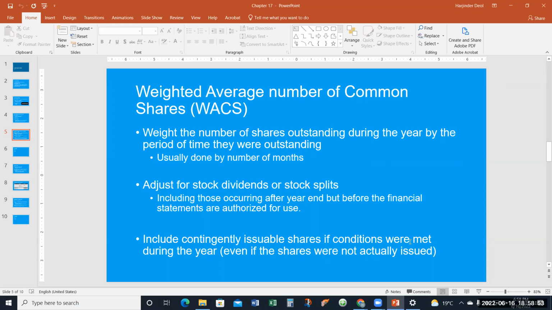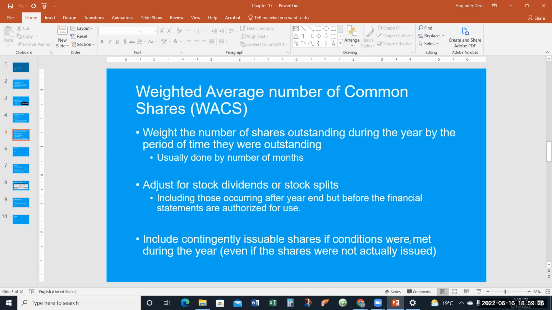So its implication is, even if you have a stock dividend or a stock split take place after the financial year has ended. So let's say the company has a financial year end on December 31st and financial statements are finalized February 15th. Now the company declares a stock dividend on January 25th. January 25th lies between the financial year end, December 31st, and February 15th, the date on which the financial statements are finalized.